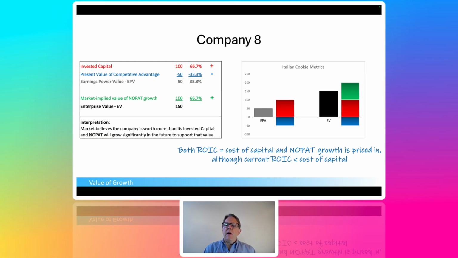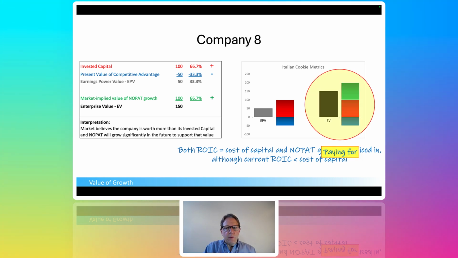In this case, they're actually betting that the return on capital will exceed the cost of capital. And you'll end up with either bigger blue, or you'll start to grow. So that's what you're paying for.